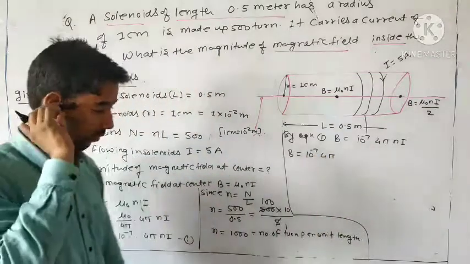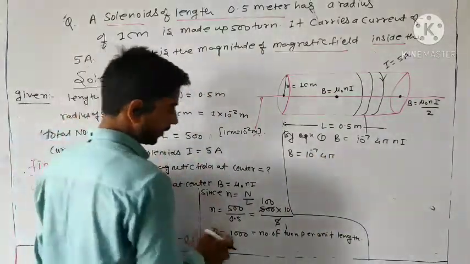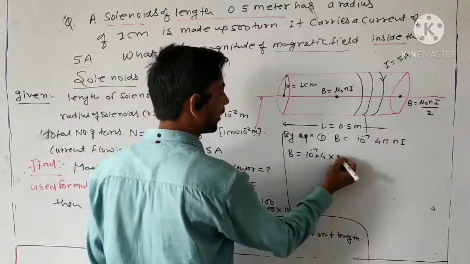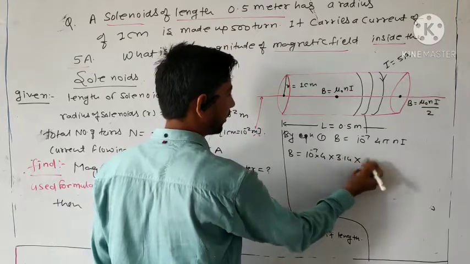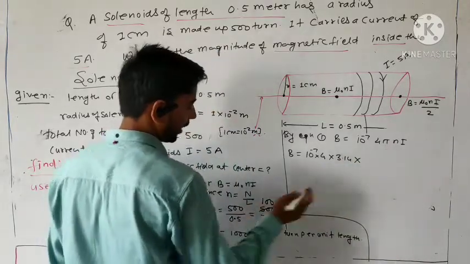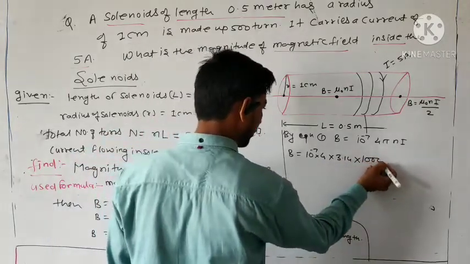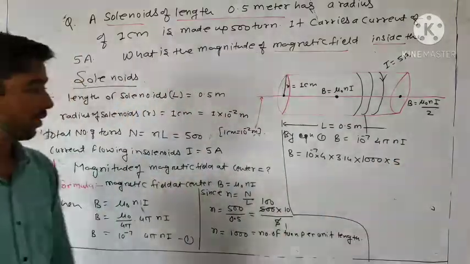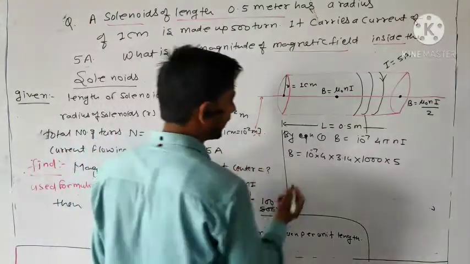In the place of pi, you can write 3.14. In the place of n, you write 1000 turns per unit length. Current is 5 ampere. Solve this and you get the answer.